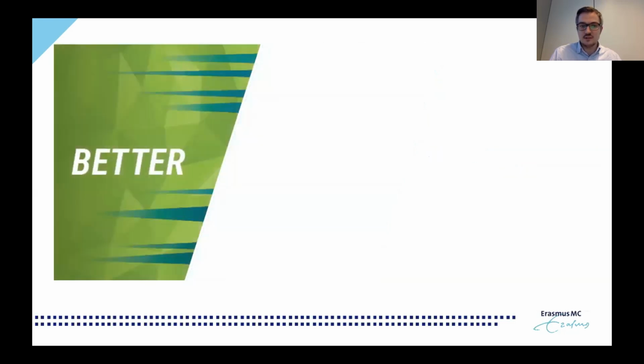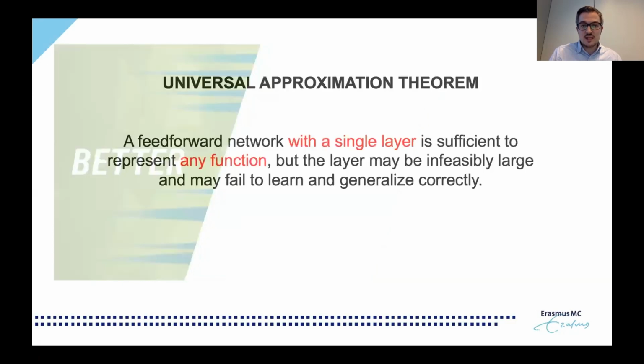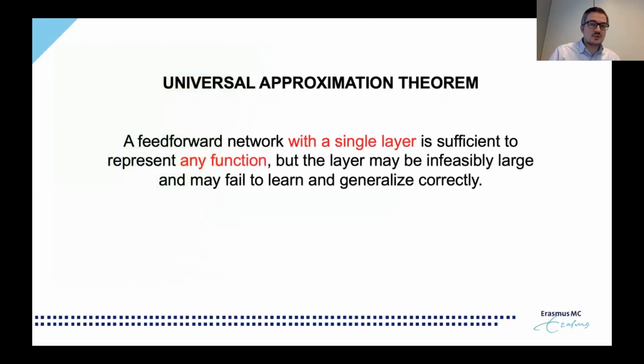So what about better? Why has this type of algorithm become so popular and outperformed state-of-the-art methods? In my opinion, that's simply because there is a mathematical result called the universal approximation theorem, which says that a neural network with even a single layer is able to approximate any function in the universe, basically.